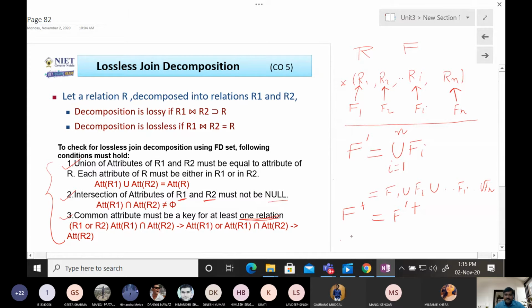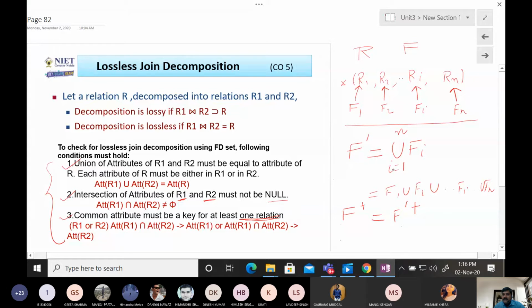Did you get it? Yes, sir. It means that if all the FDs of one set are satisfied by the FDs of the other set, then you can say that dependencies are preserved, otherwise dependencies are not preserved.